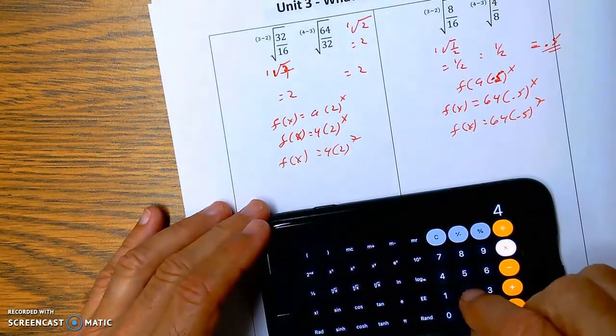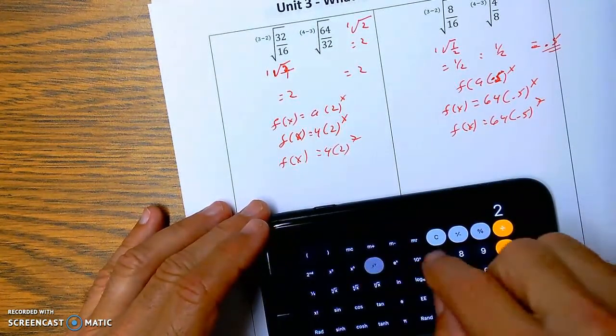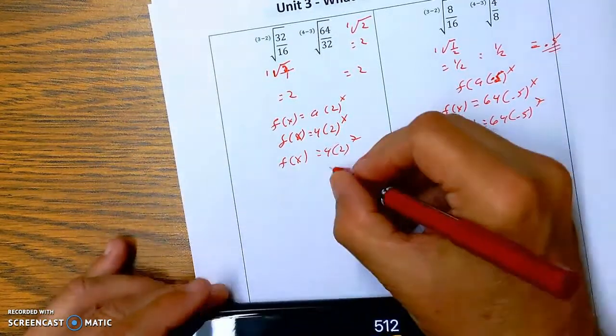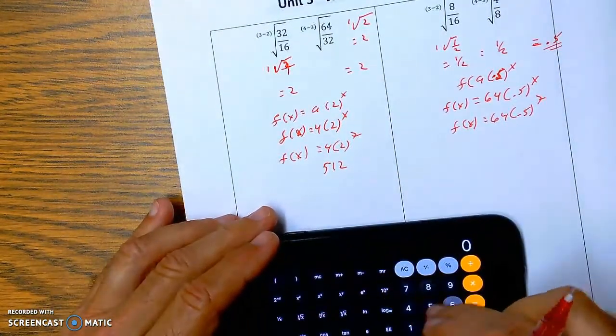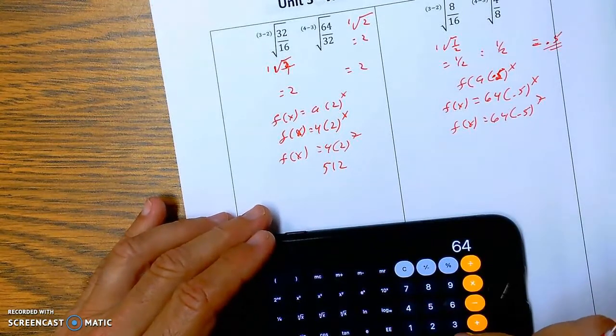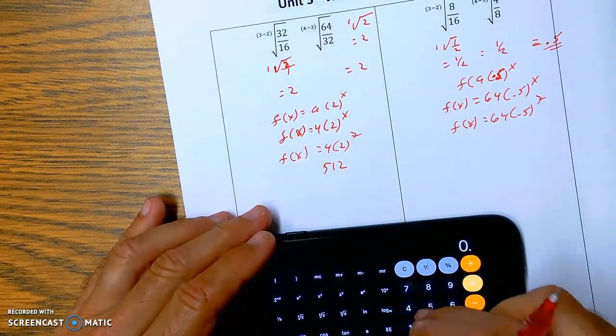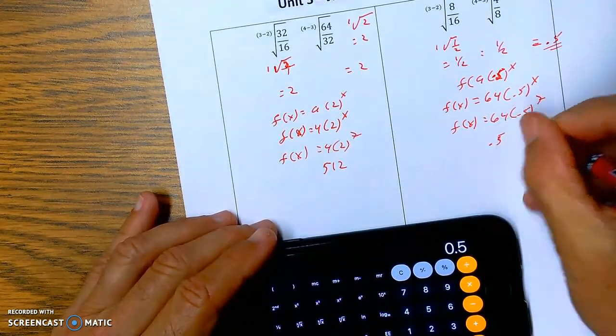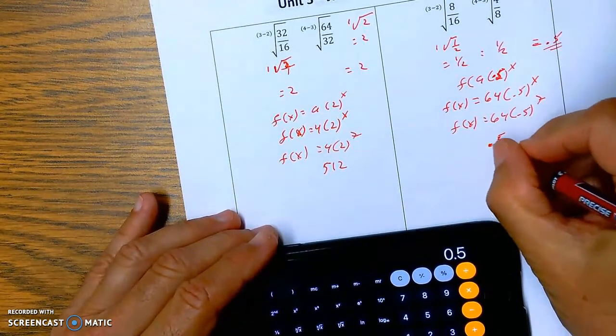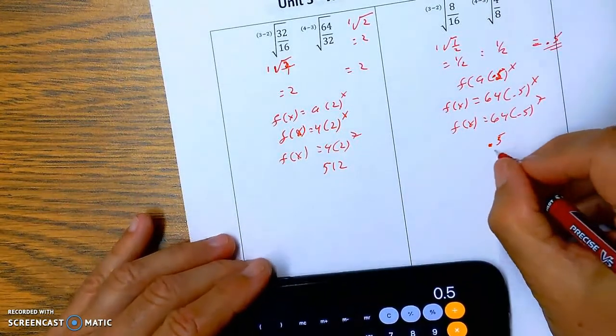4 times 2 to the 7 is 512. And then the other one was 64 times 0.5 to the 7 is 0.5, which makes sense. It's going to keep going down.